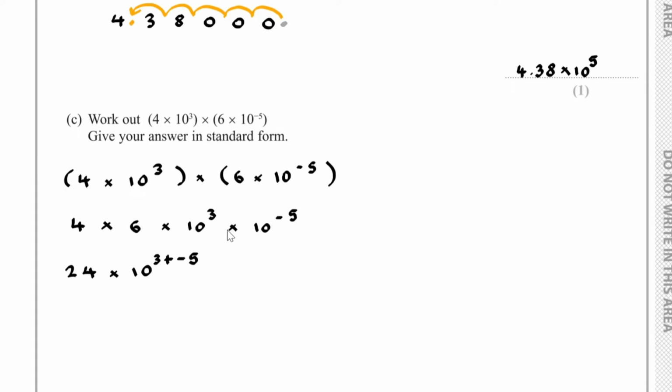When I have the same base and I'm multiplying, I add the powers. So we have 24 times by 10 to the minus 2.